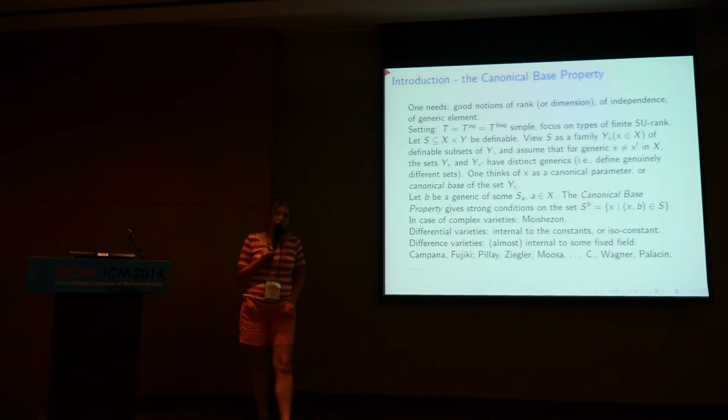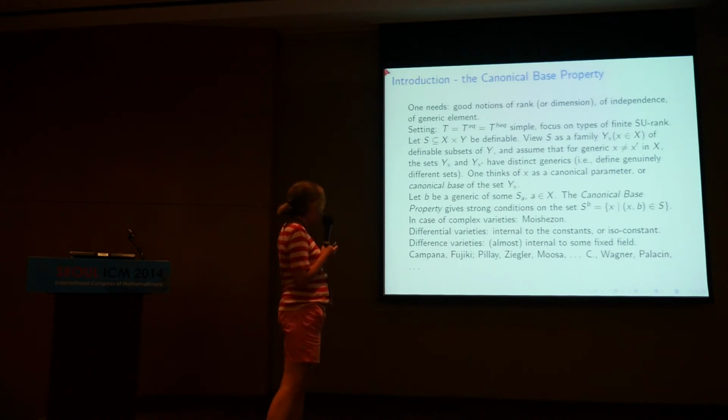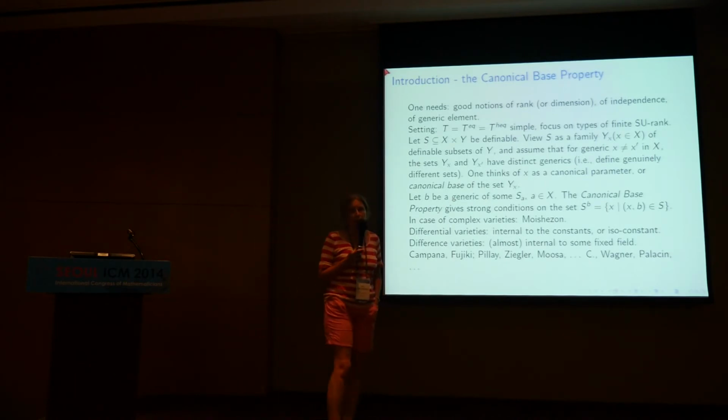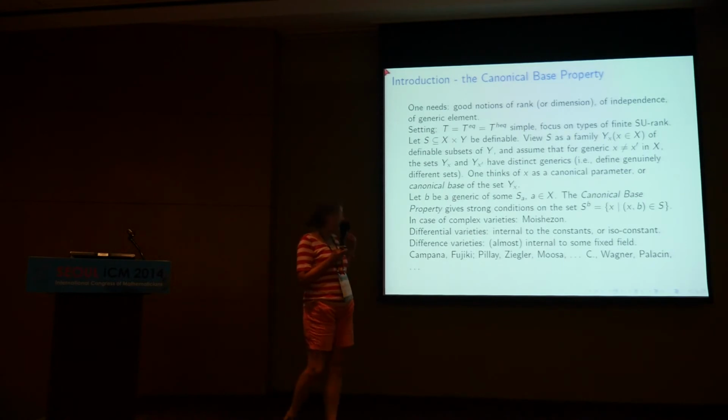It was sort of rediscovered by model theorists at the beginning of the 2000s, and the names of Pillay, Moosa, and Ziegler are very important in that, because they saw how this property could be exploited, translated model theoretically.